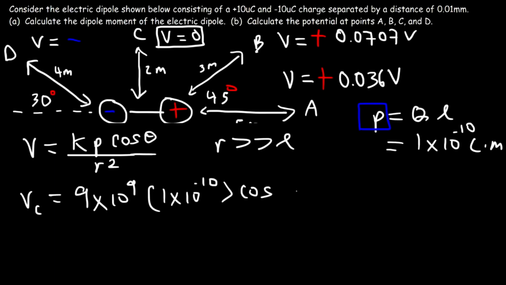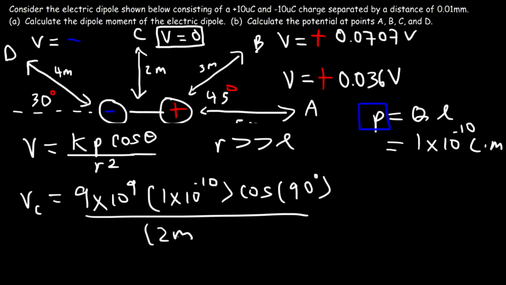And then cosine, the angle here, because it's vertical, along the y-axis, is 90 degrees, divided by R squared. Now, what is the value of cosine 90? Cosine 90 is equal to 0, so the whole thing is 0.